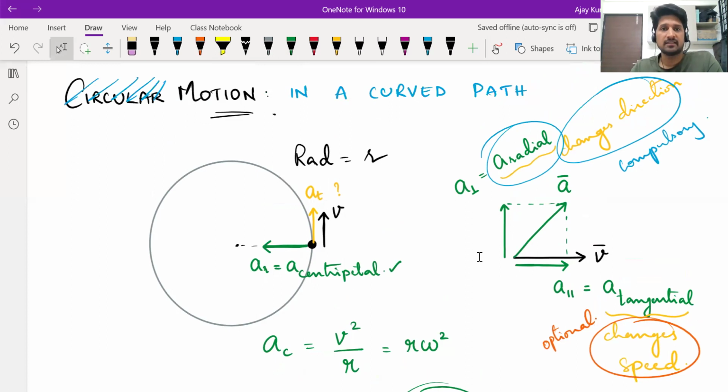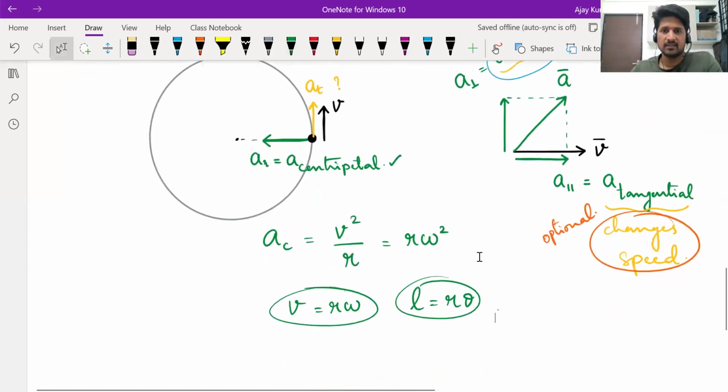And where does acceleration come from? Acceleration comes when force acts on the object. Now, if centripetal acceleration is compulsory to move on a curved path, it means centripetal force is compulsory. There must be some force helping it take that turn, some unbalanced force providing that acceleration and helping the object take the turn.